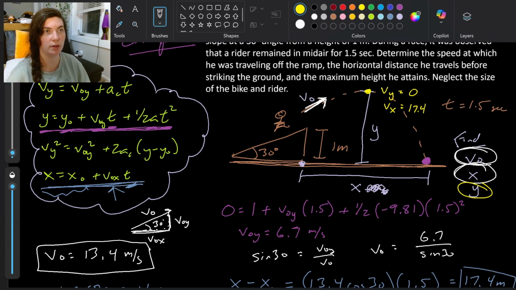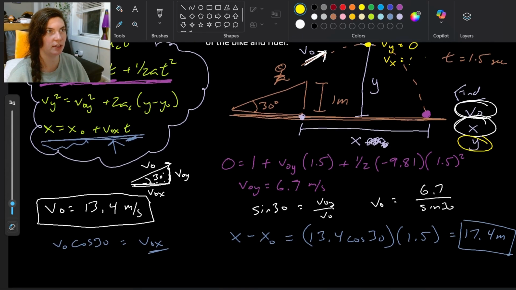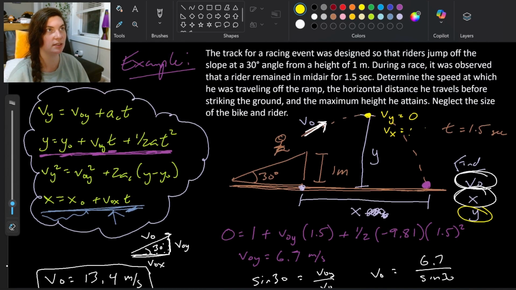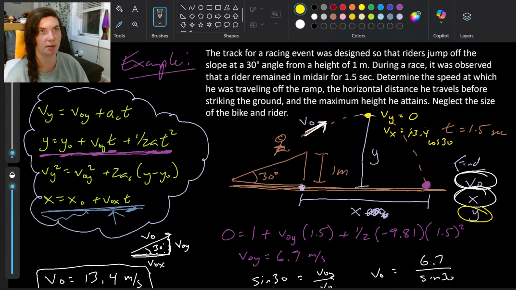Oh, 17 point, whoop, that's a distance, sorry, that's not the right number. We know what it is. It's 13.4 cosine 30. I didn't write that down. Pretend that's a number.